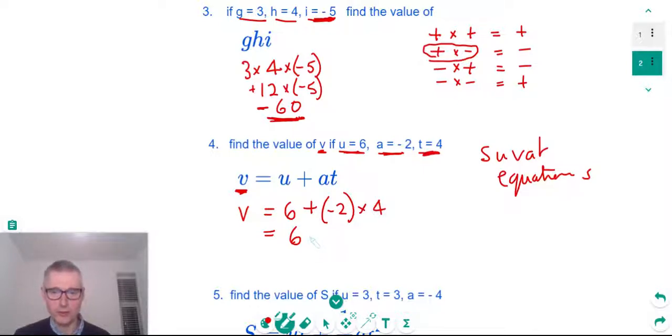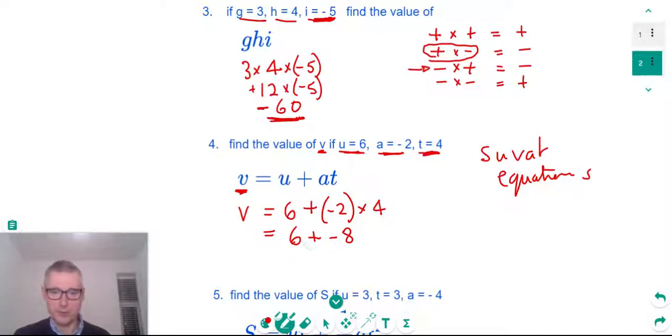So I'm just going to keep that as a plus there for now. And -2 times +4 will actually give us -8. Negative times a positive, so we can see from this value here, negative times a positive gives us a negative. So the -2 times the 4 will give us -8.